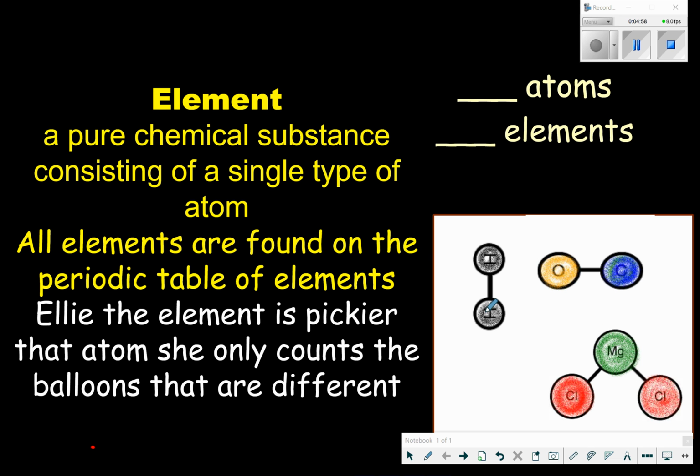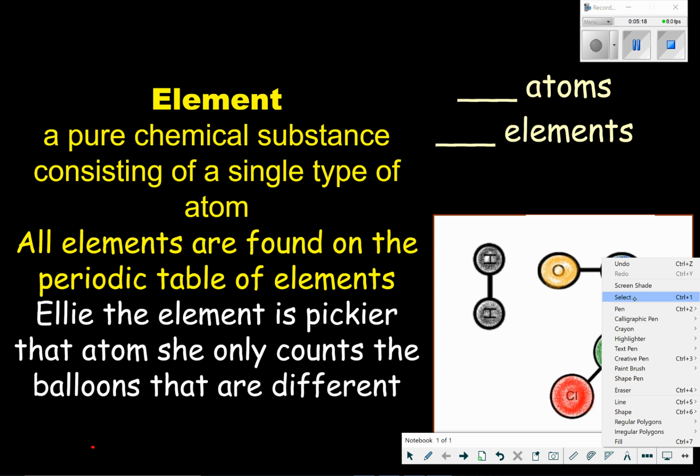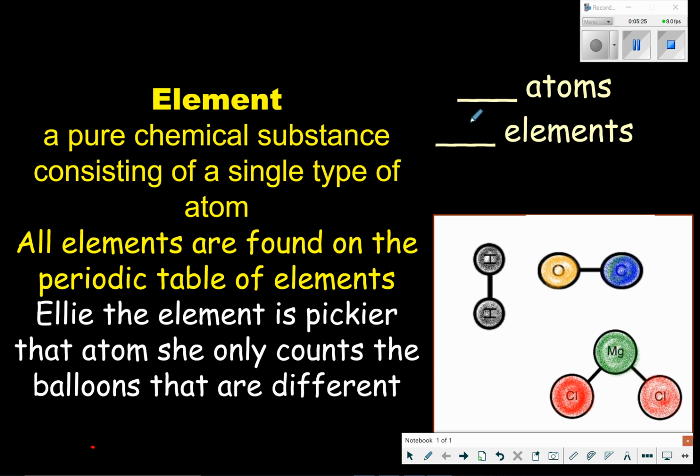So when we're talking about elements, what we need to do is figure out how many different colors we have. So we've got red is one, we've got green, we've got blue, we've got orange, and we've got black. So we have 5 different elements here. We have 5 elements.